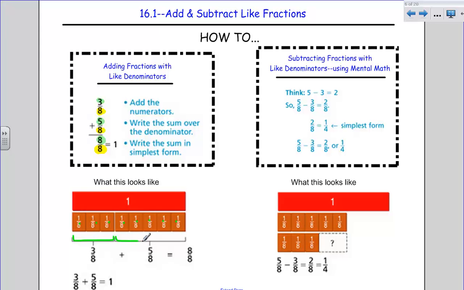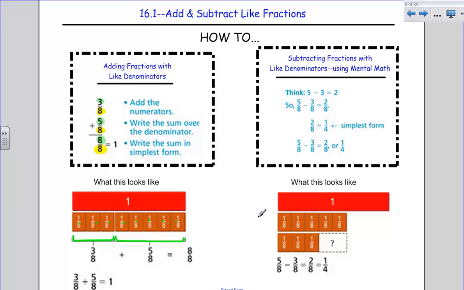I'm adding 5/8. So what happens when I have 3/8 and 5/8? Well, you can see that I get a whole of 1. So this problem up here and this problem down here look exactly the same. This one uses a picture to solve. This one uses numbers. Okay?